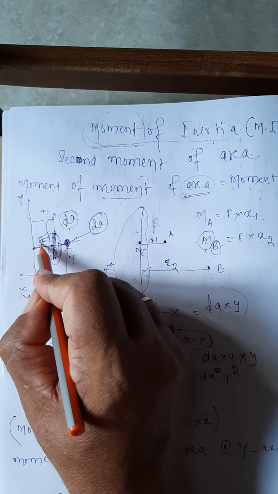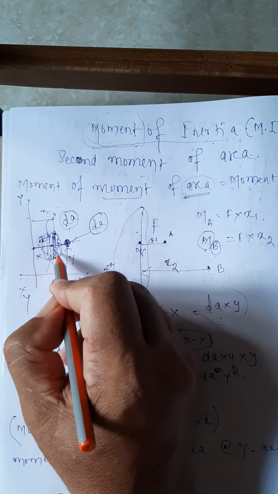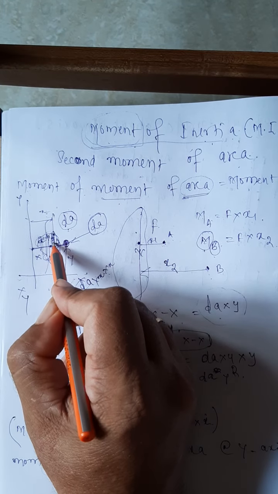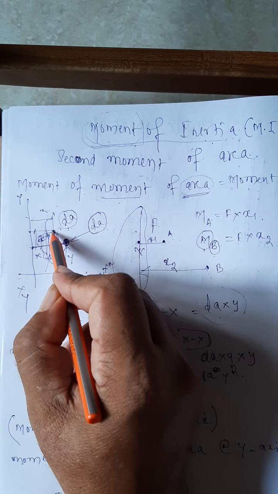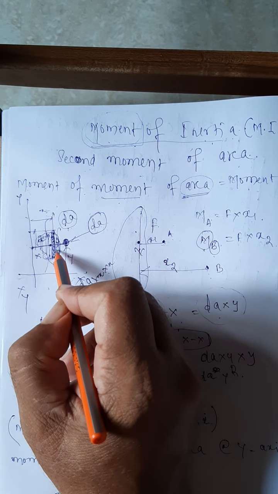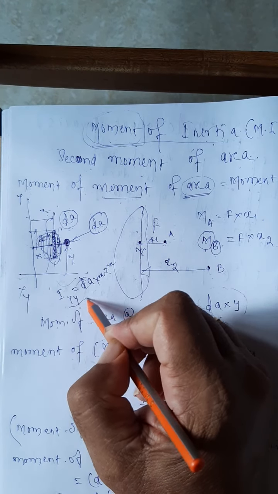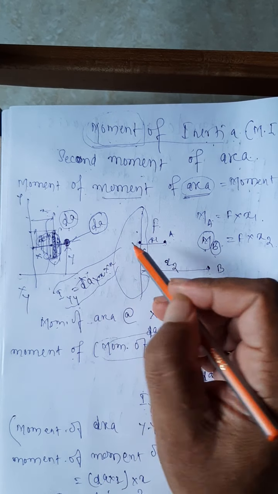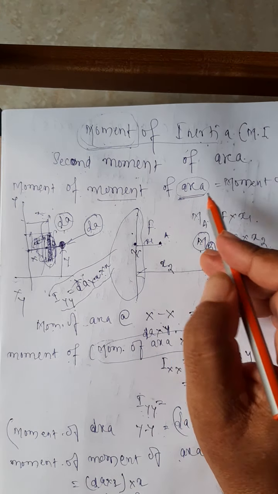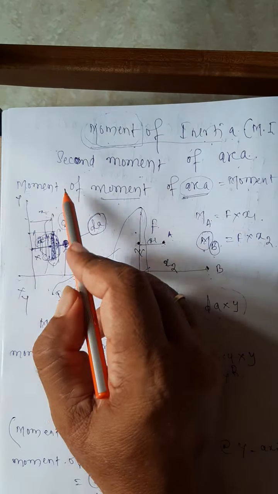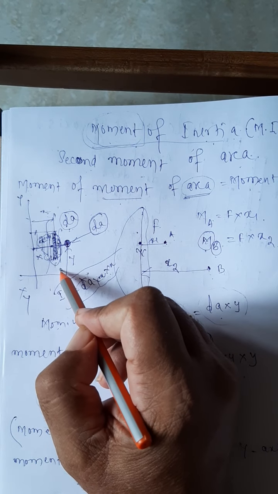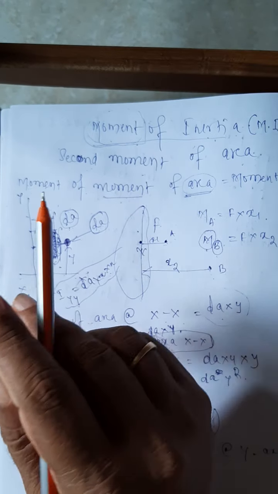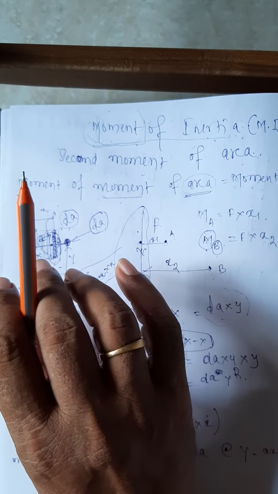If I want to cover the whole area, I carry this strip from one end to the other end. Correspondingly, these dimensions change, and hence I can get the moment of inertia. Now, the basic definition of moment of area: whenever you say moment, it has to be mentioned from where you want it.